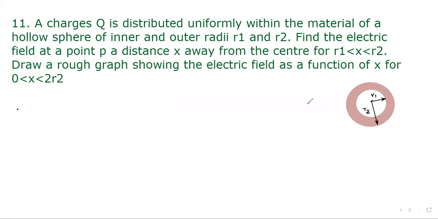So here total charge is contained in volume 4 by 3 pi R2 cube minus 4 by 3 pi R1 cube.